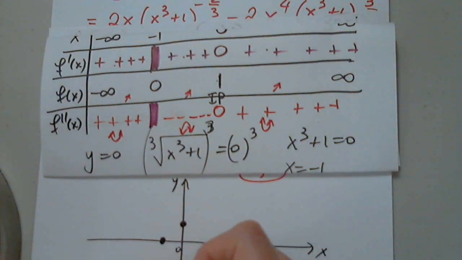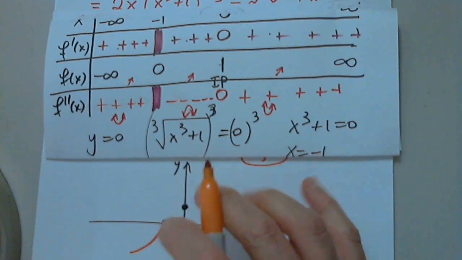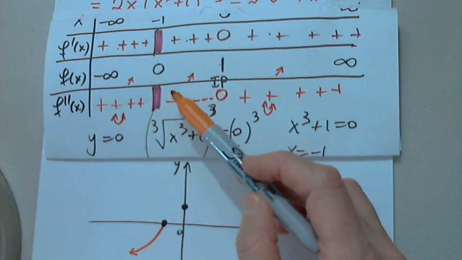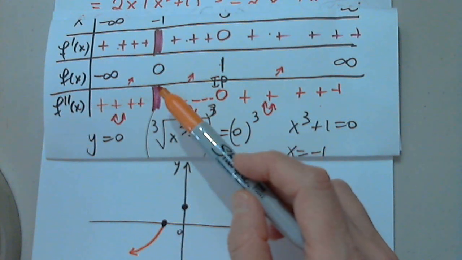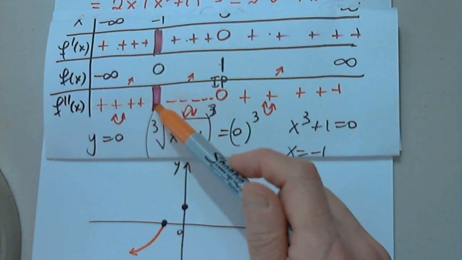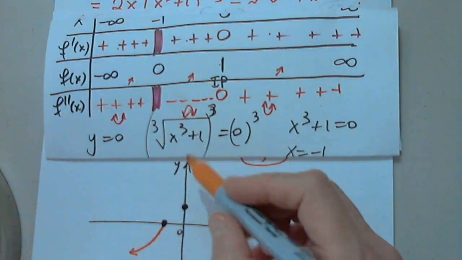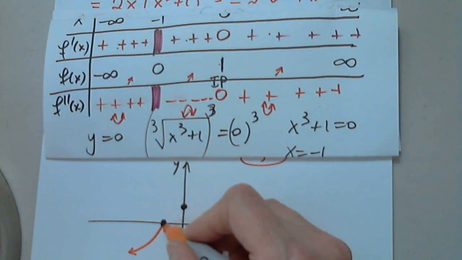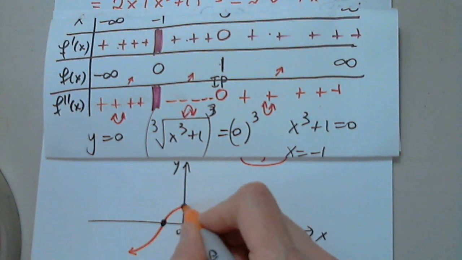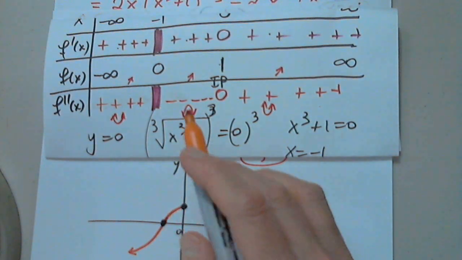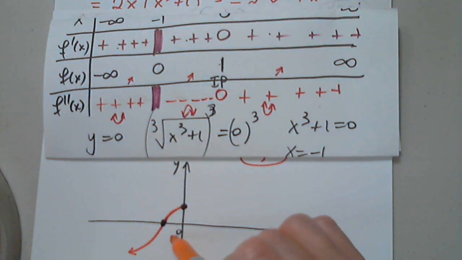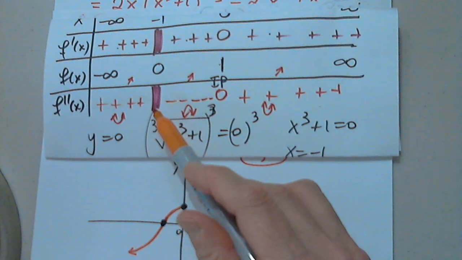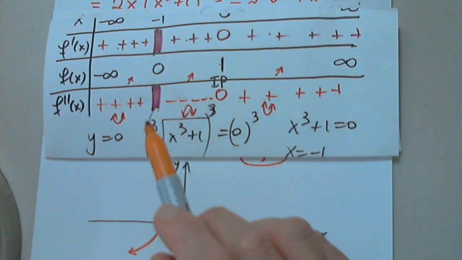So it's coming from negative infinity, opening up, increasing. Here it changes concavity and goes to the inflection point, opening down, still increasing. Because the derivative does not exist here, it's clear why, because of a double tangent.